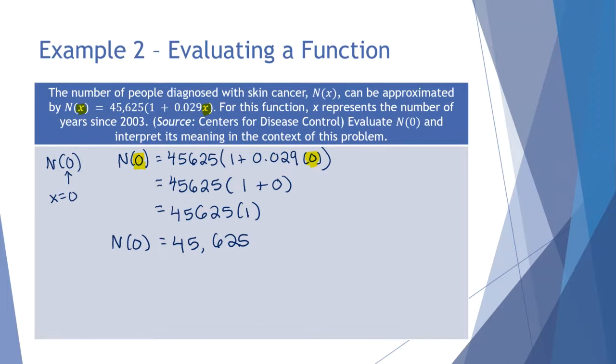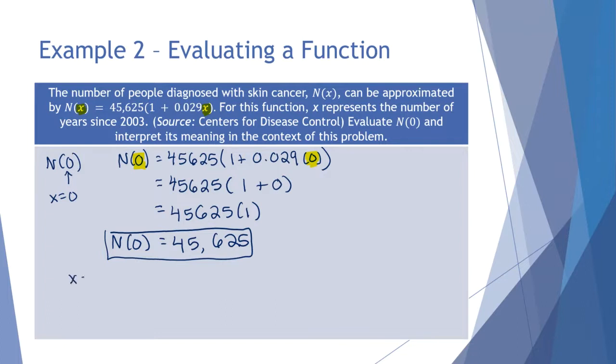So we evaluated that. The next step is to interpret the meaning in context of the problem. So what does this tell us? If you went around and you just told somebody that, they wouldn't know what it means. So let's look at our input. We plugged in 0. x is the number of years since 2003.